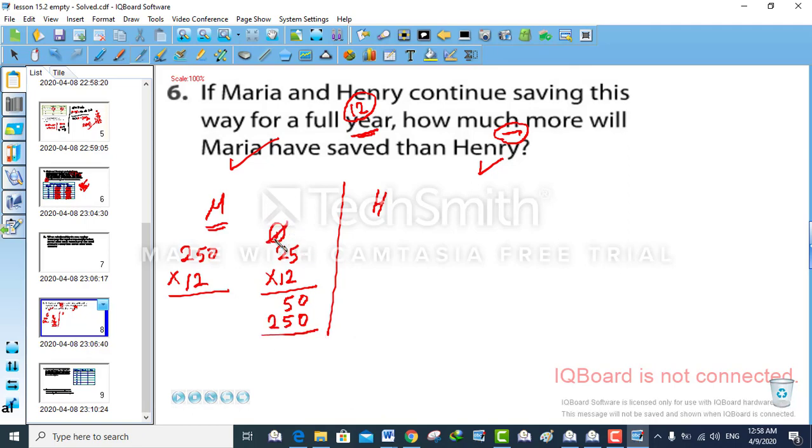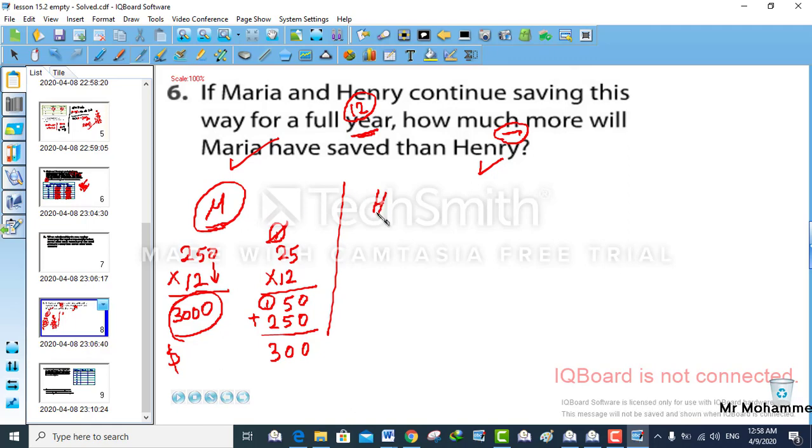Now add here. 0 plus 0 is 0. 5 and 5 is 10. Carry up the 1. 1 and 2 is 3. So it's 300, and we have here 1 zero, so it's going to be 3,000. Yes, $3,000 for Maria.